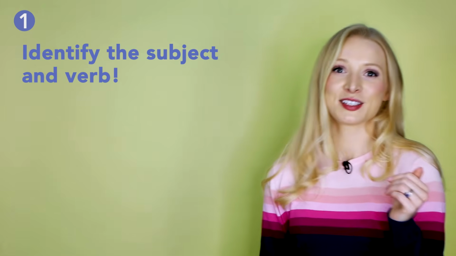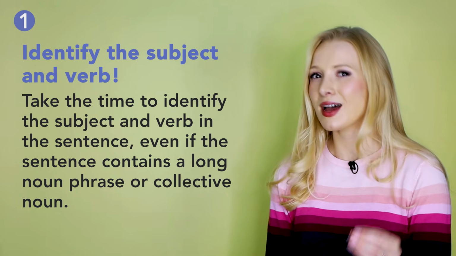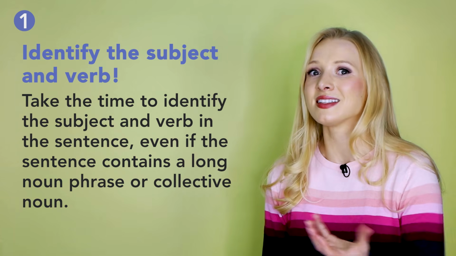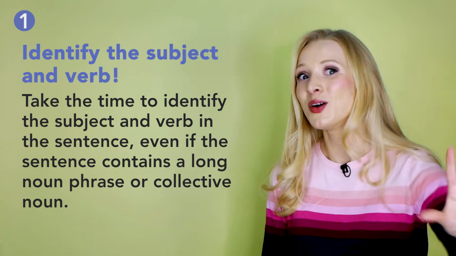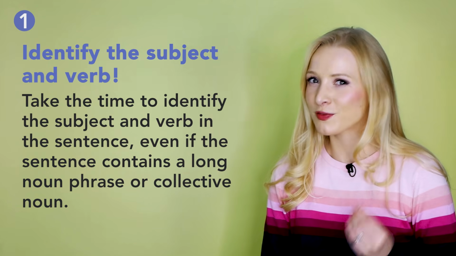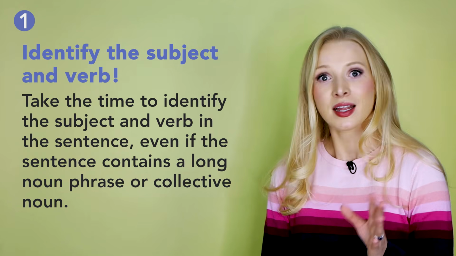So, to help with subject-verb agreement with noun phrases and collective nouns, follow these tips. First, identify the subject and verb. Take the time to identify the subject and verb in the sentence, even if the sentence contains a long noun phrase or collective noun. This will help you to determine the correct form of the verb to use. Next, pay attention to the number.